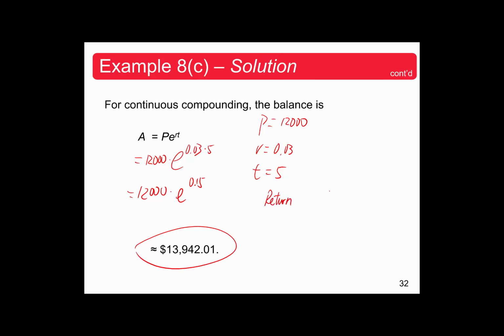So you can compare which one is the better option in terms of investment option. So using the ending balance $13,942 and 1 cent, right?